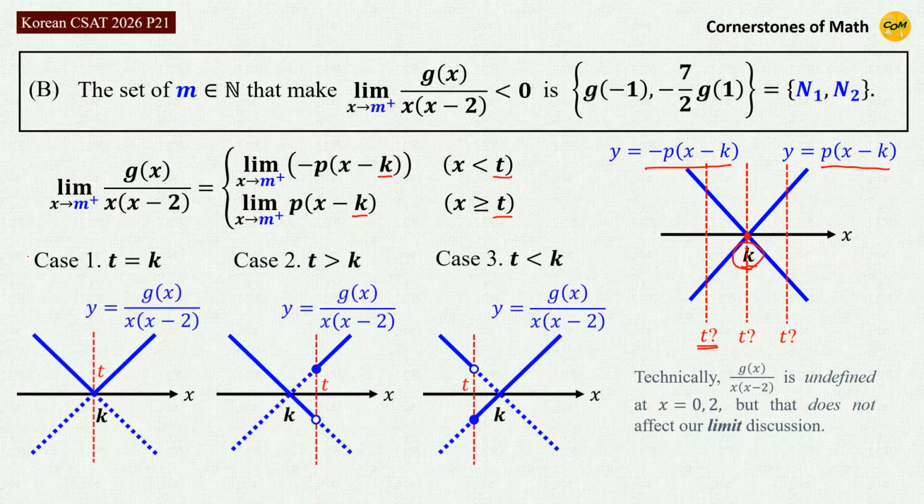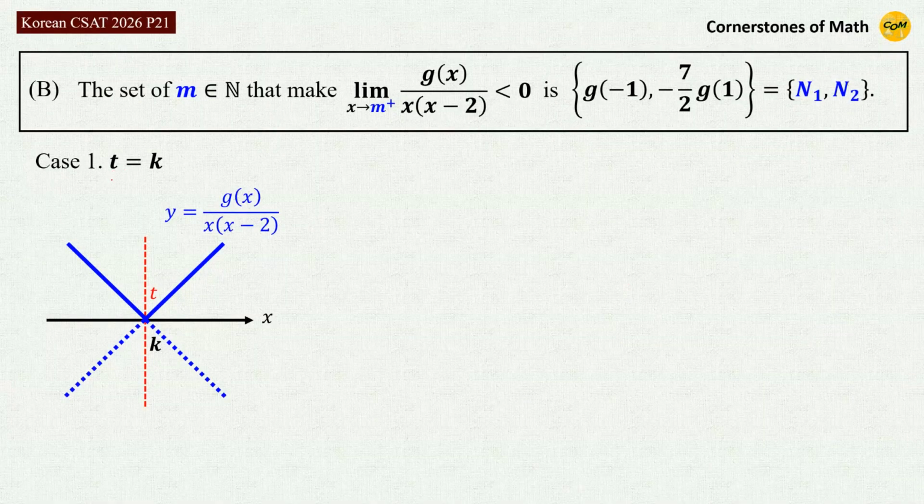We can think of three cases: t is equal to k, t is greater than k, and t is less than k. For each of these cases, the graph of g of x divided by x times x minus 2 looks as follows. And with these graphs, now we are ready to tackle condition B.